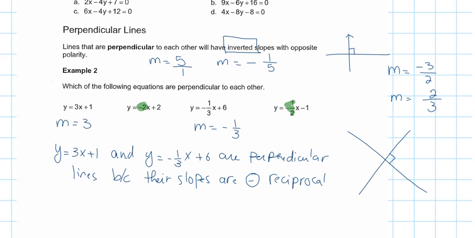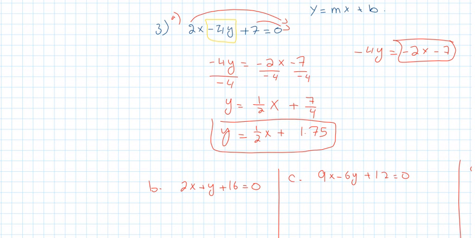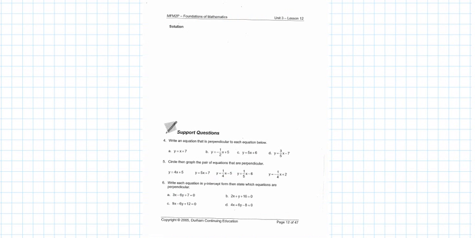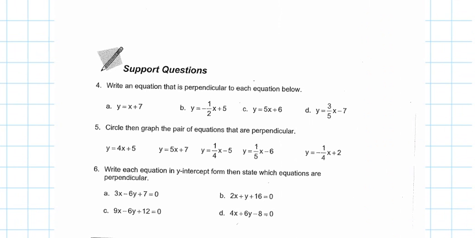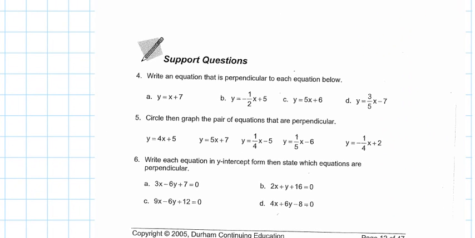Okay, so let's look at some of the support questions. It's asking you to write an equation that is perpendicular to each equation below. Okay? So if I want to write an equation that's perpendicular to y equals x plus 7, what do I do?